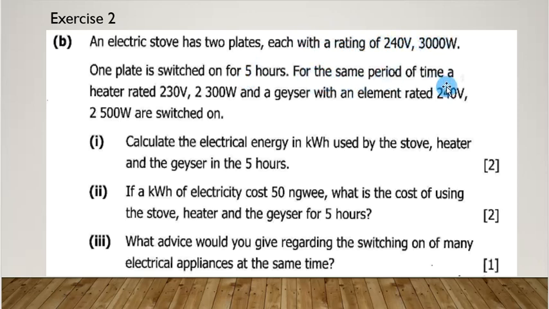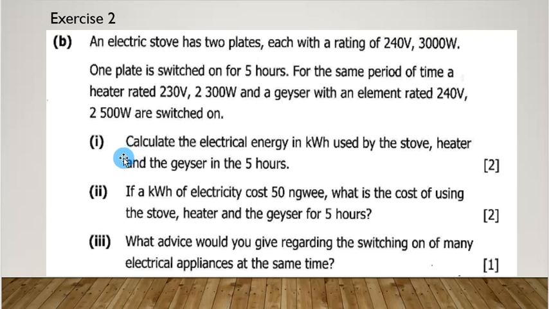Then for the same period of time, which is 5 hours, a heater rated 230 volts, 2300 watts, and a geyser with an element rated 240 volts, 2500 watts are switched on.